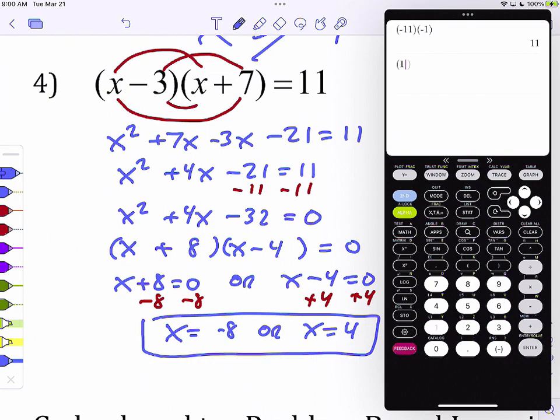And it's 4 plus 7, which is 11. And those multiply to 11 as well. So one of these numbers makes it -1 times -11, which of course multiplies to 11, and one of them makes it 1 and 11, which multiplies to 11. So I knew these numbers needed to be 1 and 11 or -1 and -11 to work.